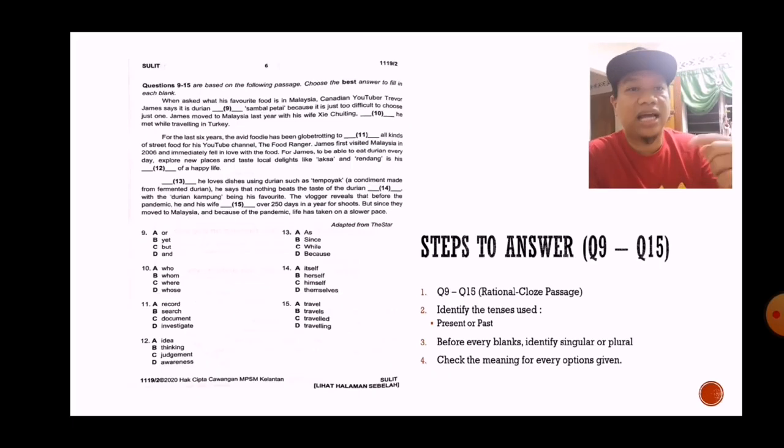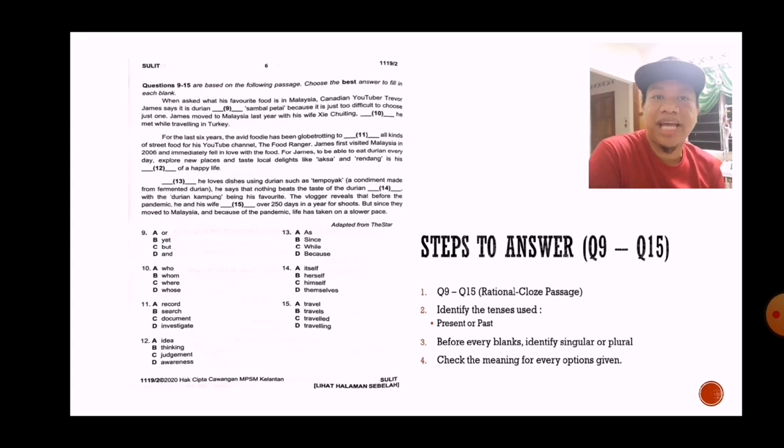Pronoun means kata ganti nama. Normally durian is a fruit, so the word we normally use is it. So A, B, C, D, which one has it? Of course, A. A is the answer for number 14, itself.